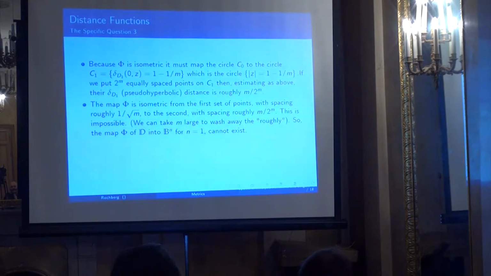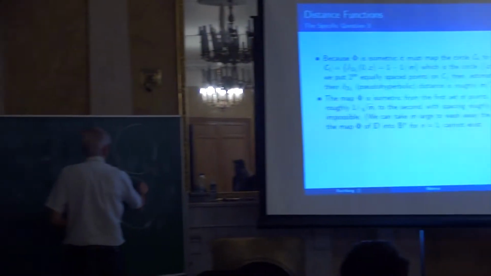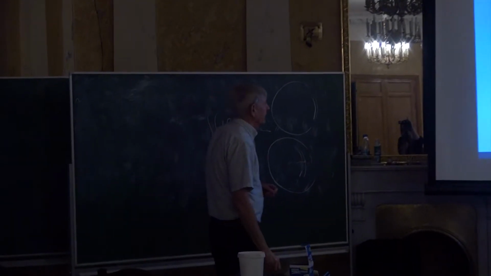In other words, we're taking the points and we're moving them closer together. In other words, we can't have done this isometrically. And filling in the details, that says we couldn't have mapped the circle in the delta 0 metric to the circle in the delta 1 metric isometrically.